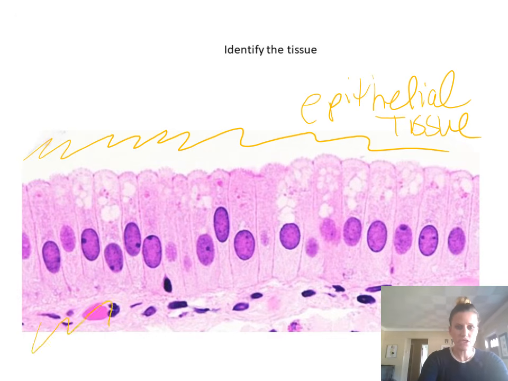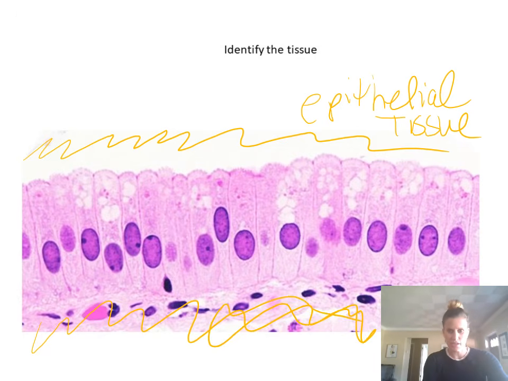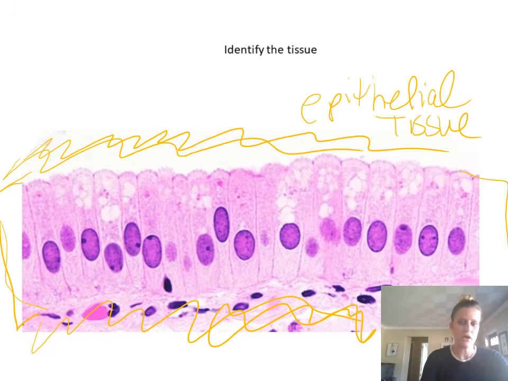Like this tissue down here that we just see the beginning of, that's connective tissue. It's surrounded by cells everywhere. But this one layer of cells right here, it's lining this open area, so it's epithelial tissue. Now, to figure out what kind, I have to know how many layers of cells, right? Is it simple or stratified? And then what shape are the cells?